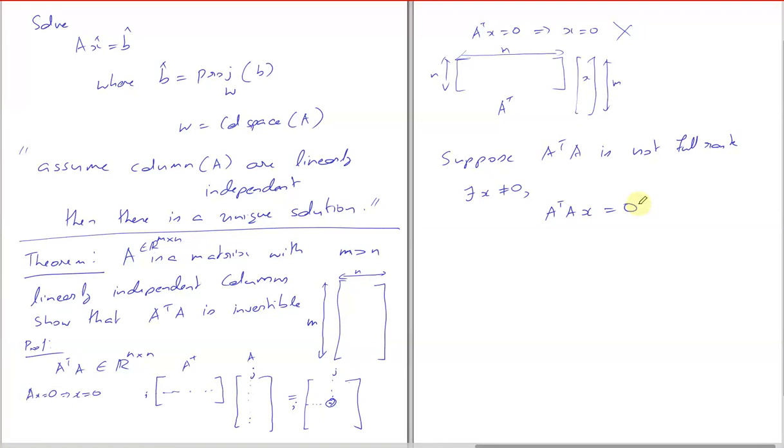Now, if this is equal to 0, I can also multiply x transpose here. This is also equal to 0. You agree? Yes, sir. And now this starts looking like a norm.